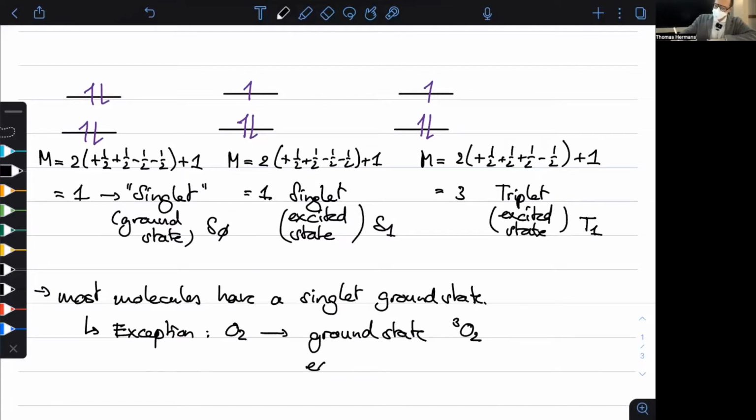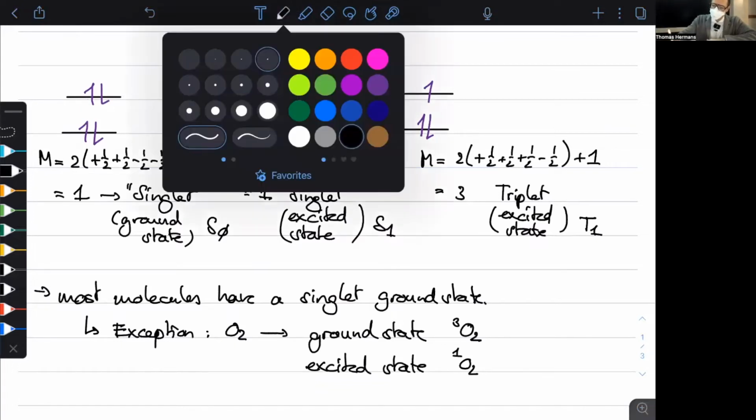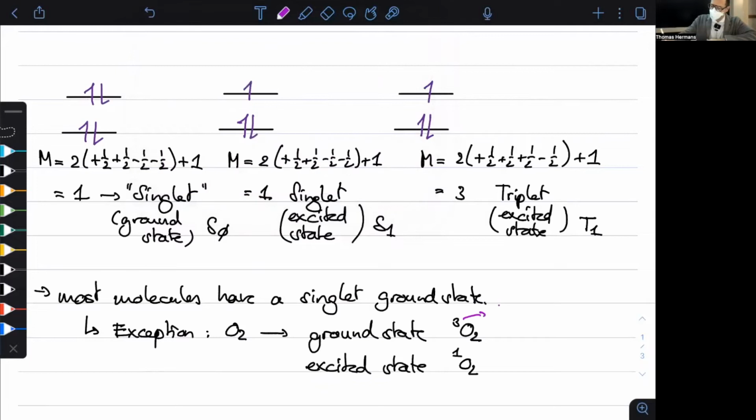And the excited state is singlet oxygen. You might have heard about that. So this little number here means triplet, and this means singlet. Right? So singlet oxygen is highly reactive.